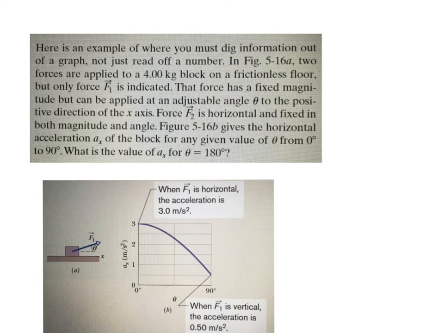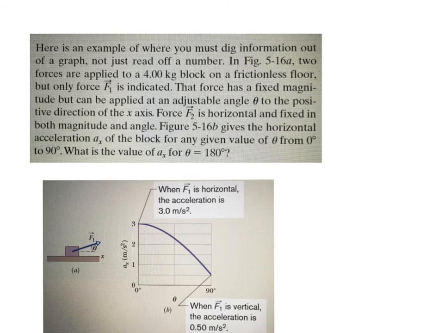So this force, the angle can change depending on how you're pulling on it. F2 is a horizontal force and is fixed in both magnitude and angle, meaning it's not going to change. So F2 you could either draw this way or you can draw it this way. The angle is not changing there. And it's horizontal, so I know that it's got to have an angle of 0 degrees.